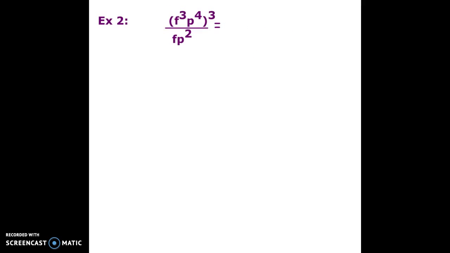With this one, my first step is going to be distributing this 3. So 3 times 3 is 9, so I'm going to have f to the 9th power. 3 times 4 is 12, so that's p to the 12th power. And I'm going to bring over my denominator of fp squared.